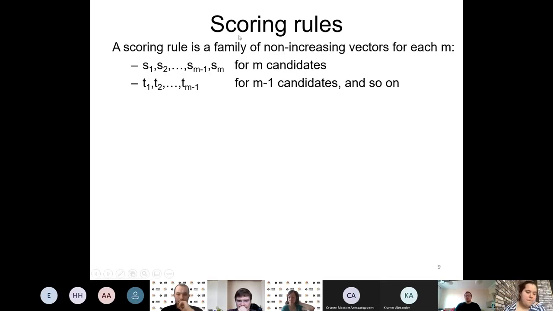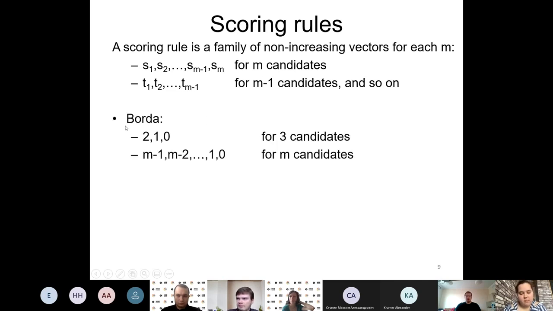So a scoring rule must also define another scoring vector for m-1 candidates, and so on. So it's a family of scoring vectors for each number of candidates k less than or equal to m. M candidates is the maximal possible number of candidates in an election.